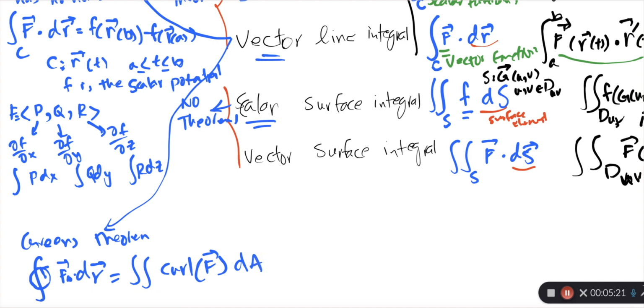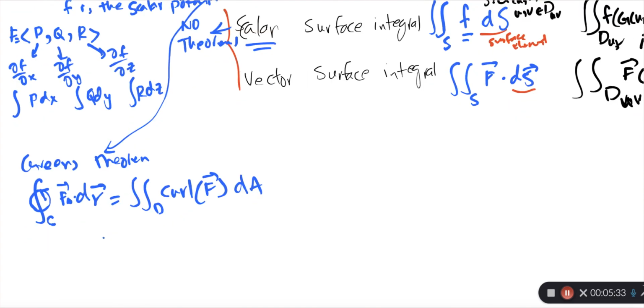This is over C, which is closed and simple, and then you will have a D, which is the region that C basically encloses. Now, as you notice, this is curl in the Z direction, a two-dimensional thing, and if you want to go to 3D, it's still very similar to this, and that would be the Stokes theorem.